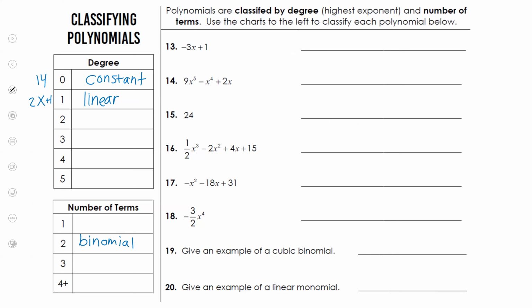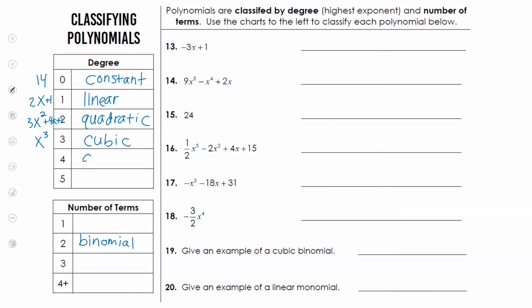Okay, degree 2. We call anything with a degree 2 quadratic. This is x squared. An example could be 3x squared plus 4x minus 1 or plus 1. This is an example of a quadratic. Degree 3 is called a cubic, anything with the highest degree being a 3.